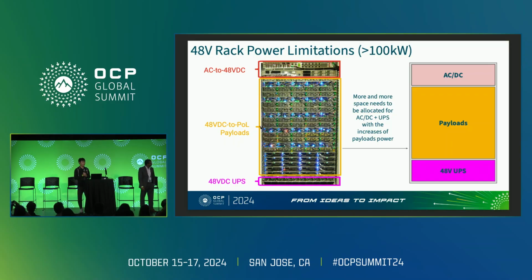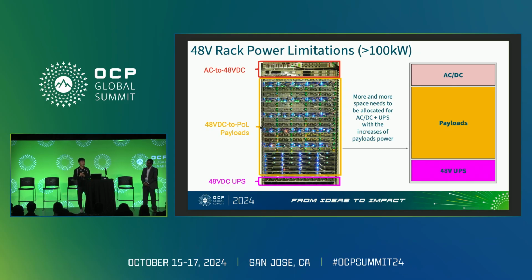Here is a picture to show the rack configuration we have today. As you can see in the figure on the right, it's actually a Google rack. We have the AC/DC power conversion on the top of the rack, and then we have the BBUs, or in-rack UPS, at the bottom of the rack. In between, we have the payloads, right? At 100 kilowatts, we have 20–30% of the space already occupied by the rack power system.